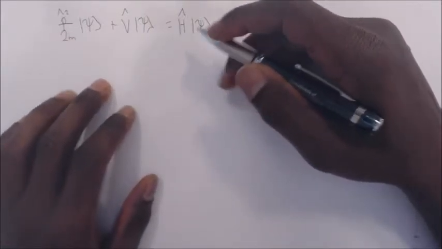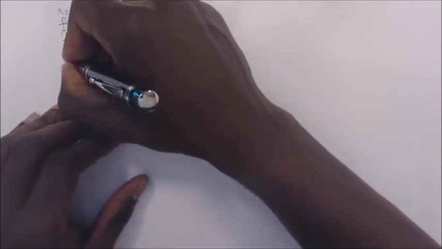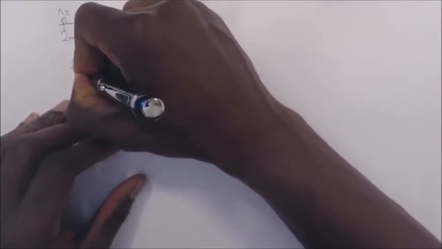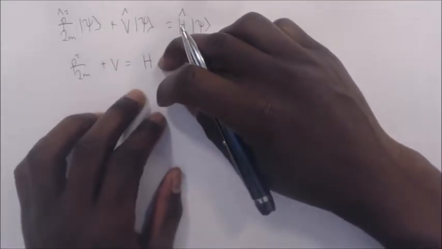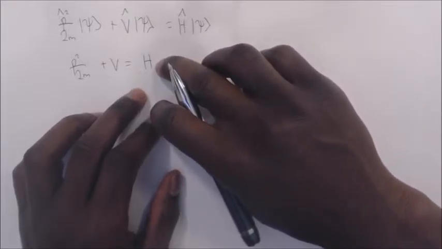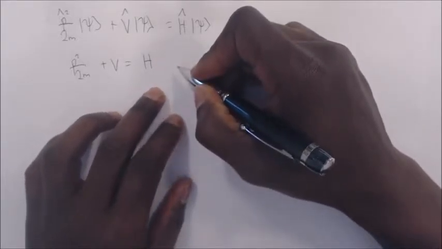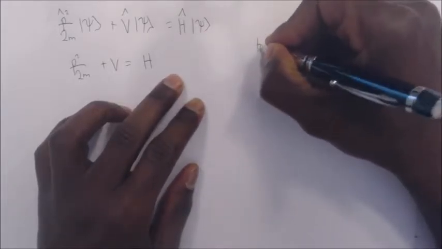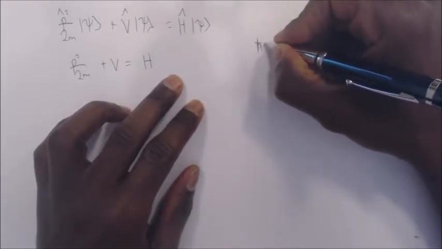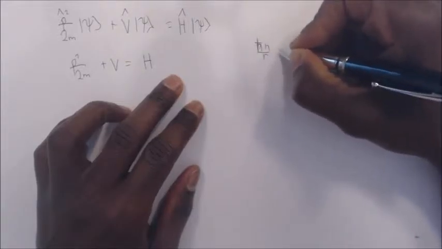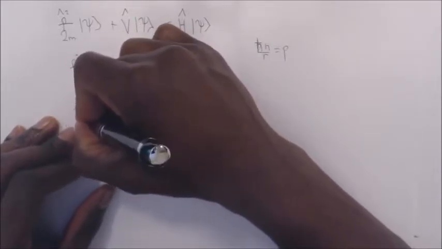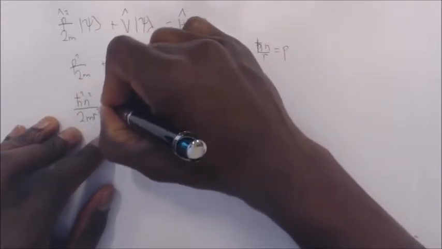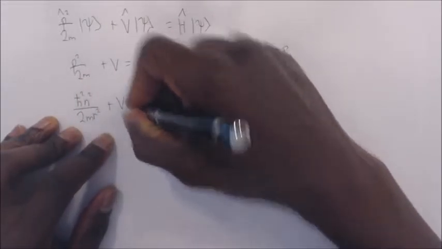So we're going to do that by dividing out this state vector, and we get p squared over 2m plus v is equal to H. Okay, and so now, if we substitute in h bar times n over r for p, we will get h bar squared n squared over 2m r squared plus v is equal to H.